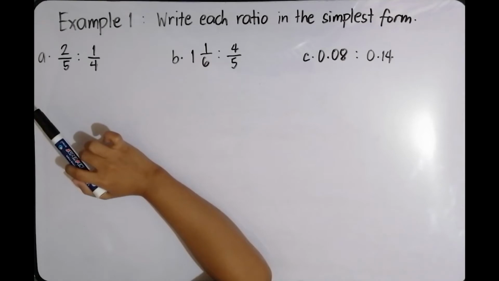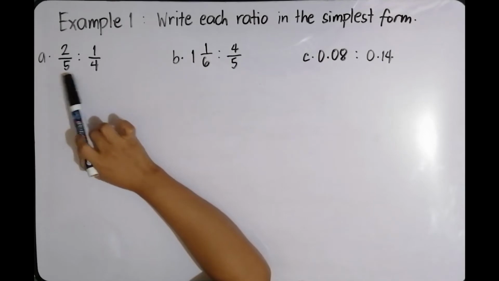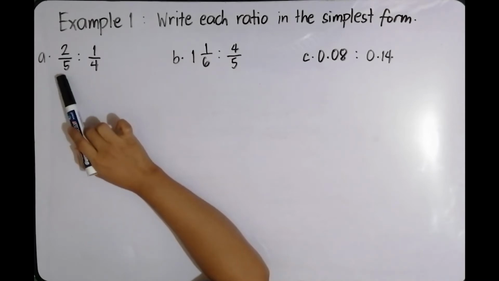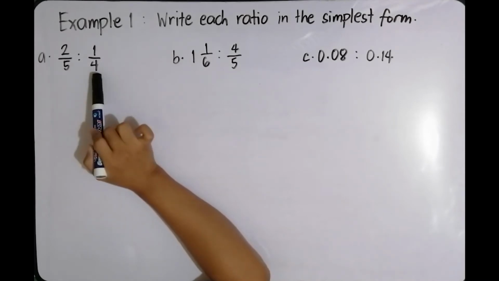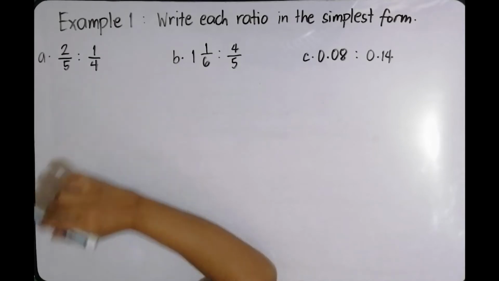The least common multiple, with the denominators 5 and 4, will be the product of the two, so 5 times 4 is 20.